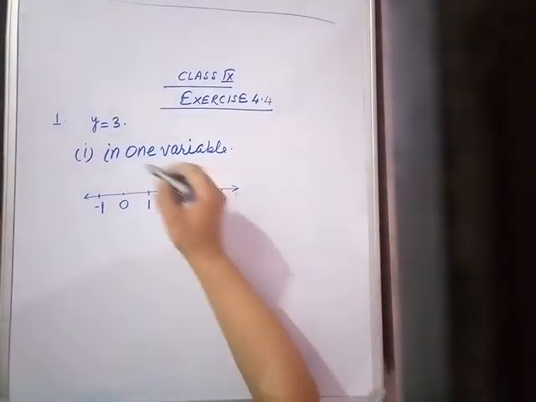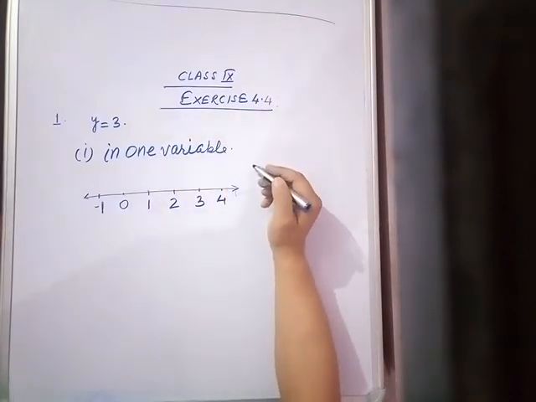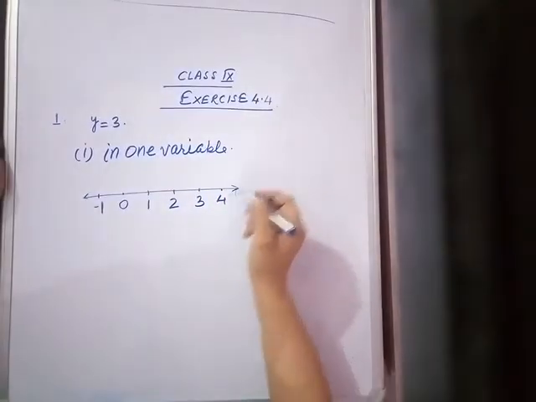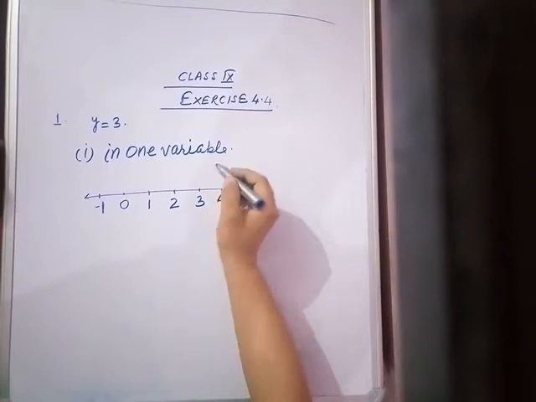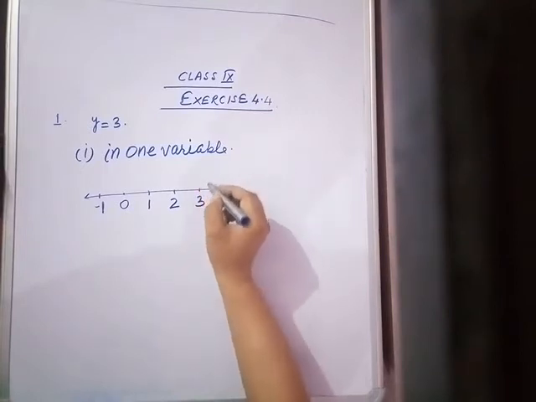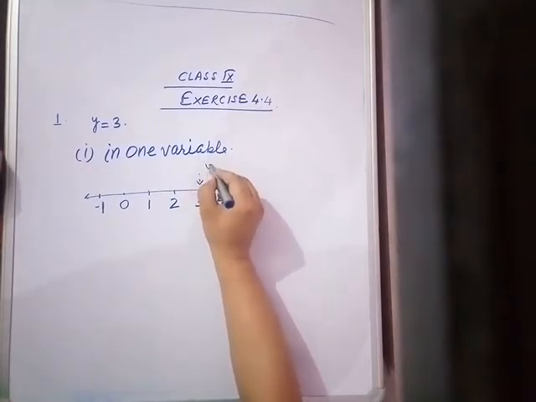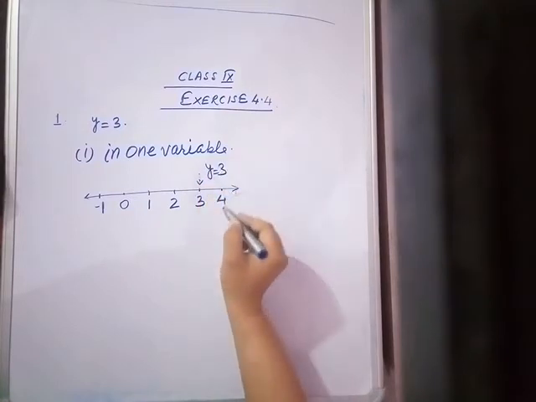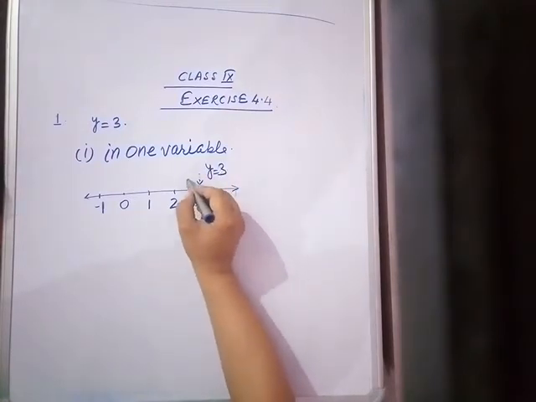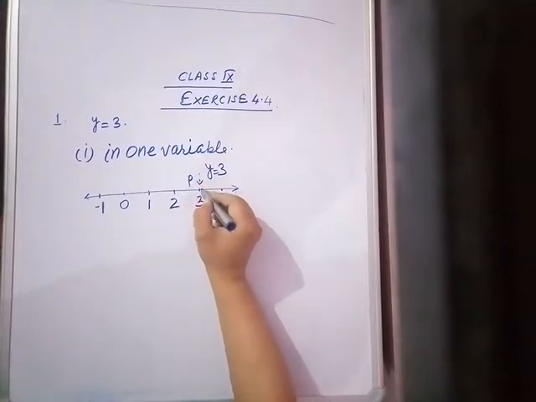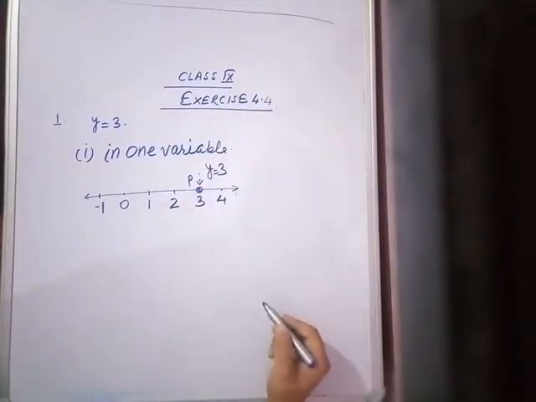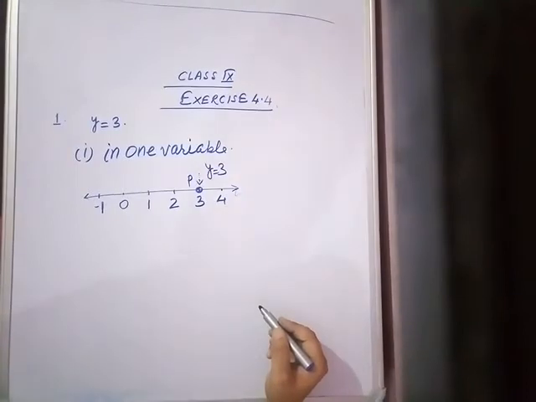So y equal to 3 is simply a point on the number line. Here positive 3 is given, so this is y equal to 3. Let this point be P. P represents y equal to 3.